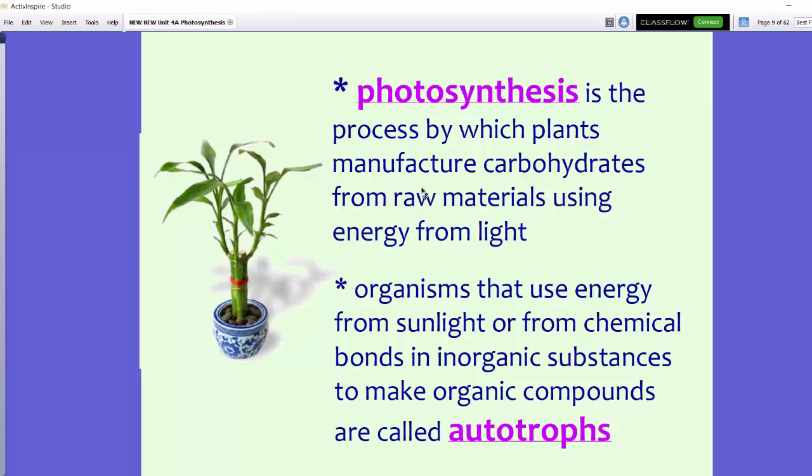When those combine, glucose is formed. Organisms that use energy from sunlight or from chemical bonds in inorganic substances to make organic compounds are called autotrophs. Basically, the fancy word for those organisms that can make their own food. Thus, plants, for instance.